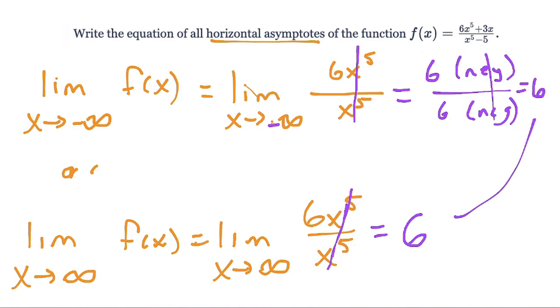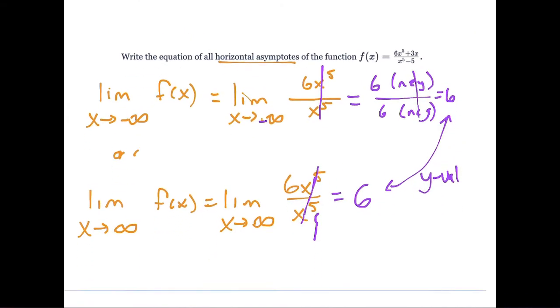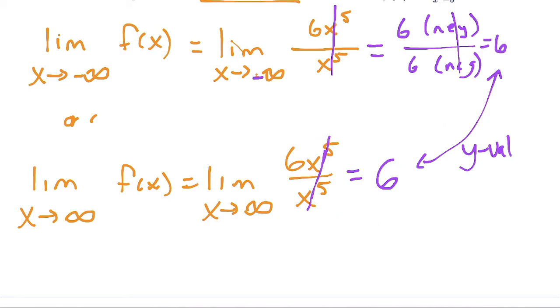Remembering, this is a y value. So if that's a y value, the horizontal asymptote then would be y equals 6.